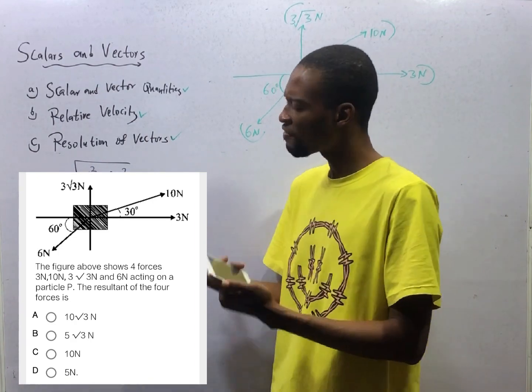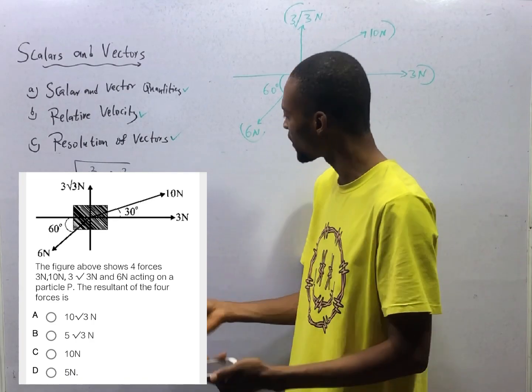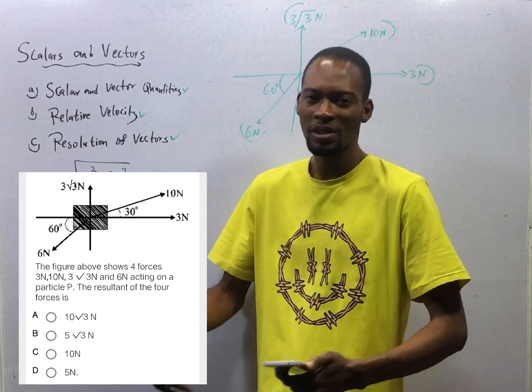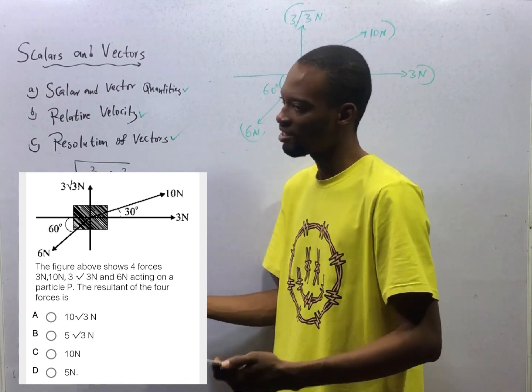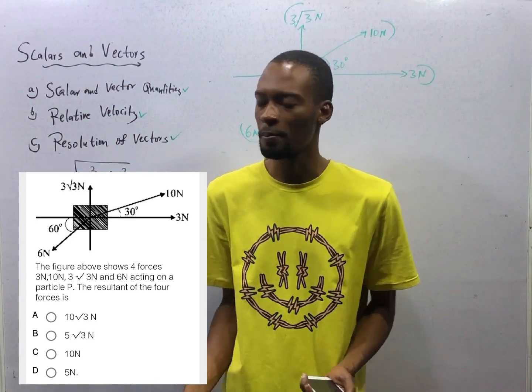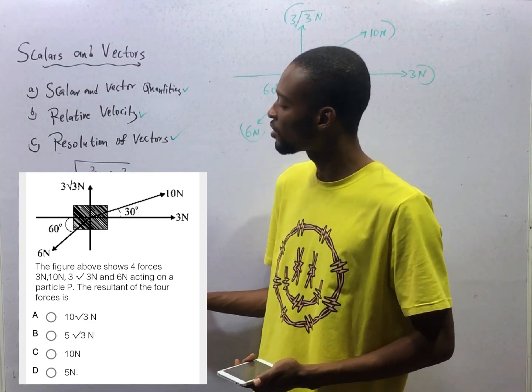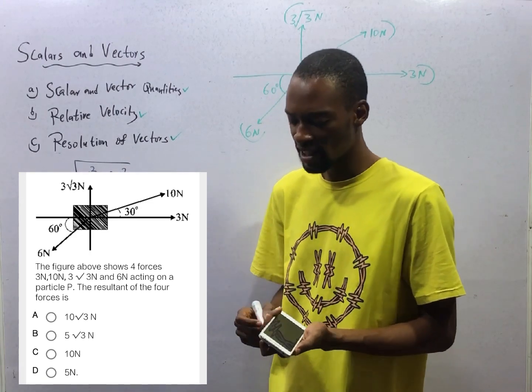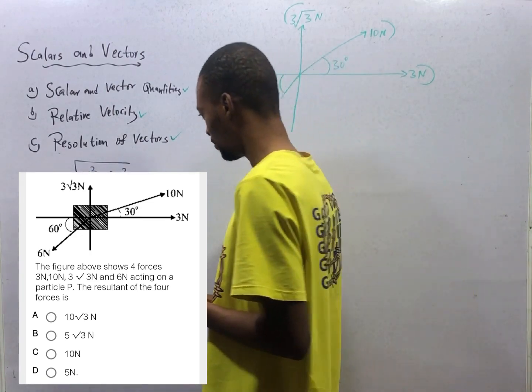Forces are vectors, velocity are vectors, acceleration are vectors. So if you are resolving forces, you can say resolution of forces or resolution of vectors. Acceleration, the same thing. All the vector quantities we listed, you can resolve them. And they can be resolved into the vertical and horizontal axis, since we are dealing with 2 dimensions.